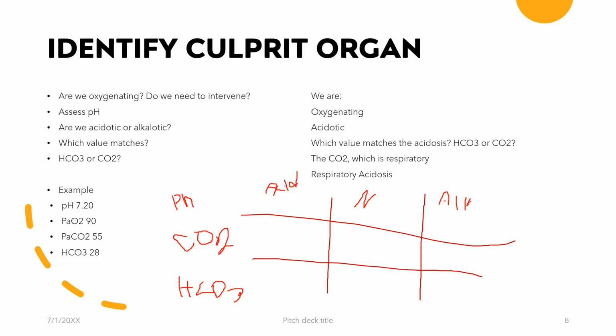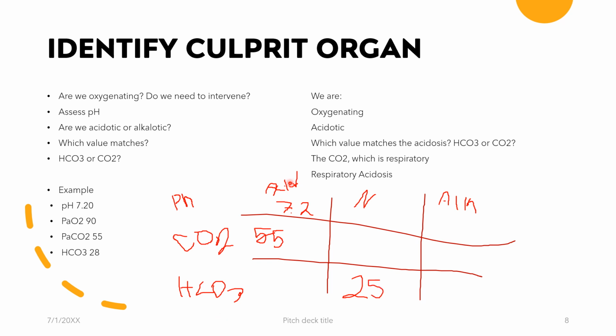Okay. So if our pH is 7.2, and our CO2 is 55, which makes us acidic. Bicarb is 25, so it's normal.